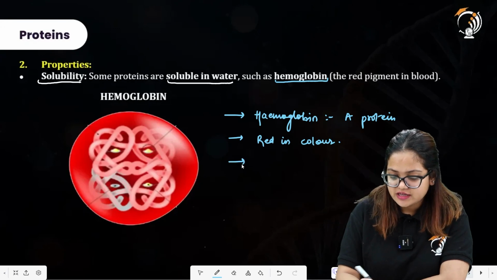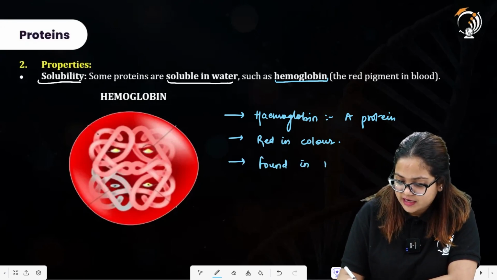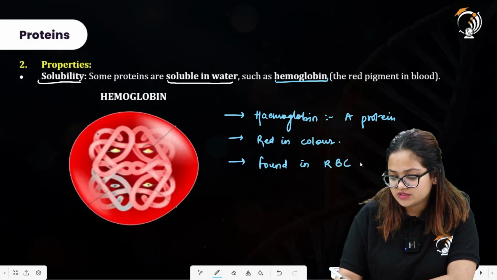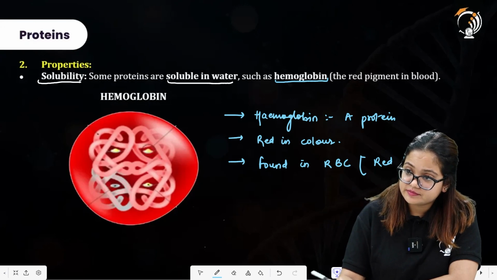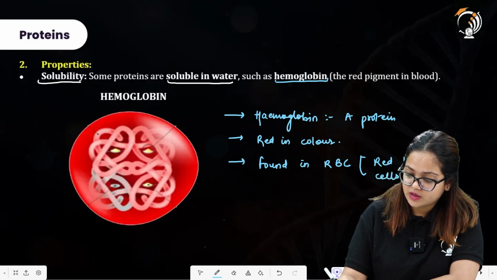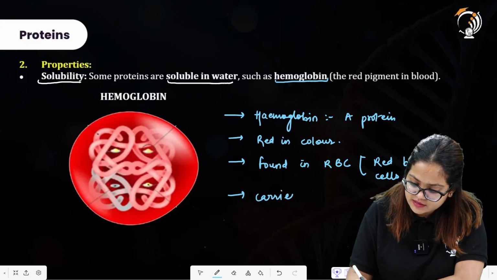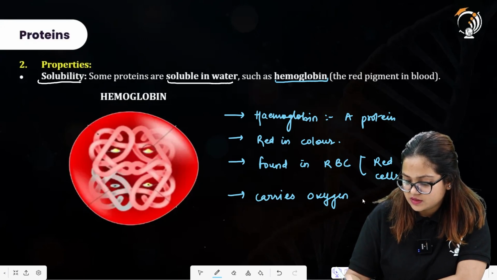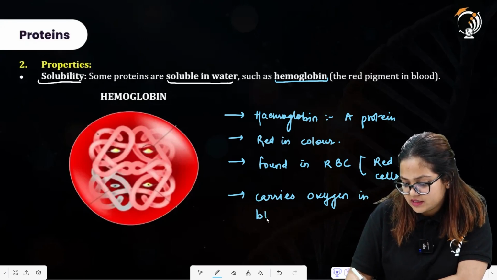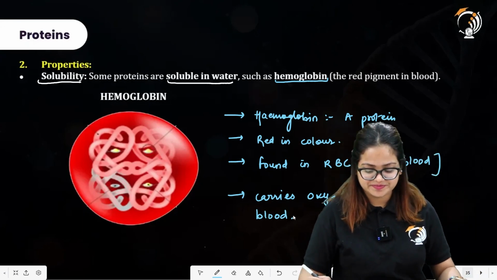Then you can also say found in RBC. What are those? These are red blood cells. All right. Carries oxygen in blood. They bind to oxygen molecules and carry them throughout the body.